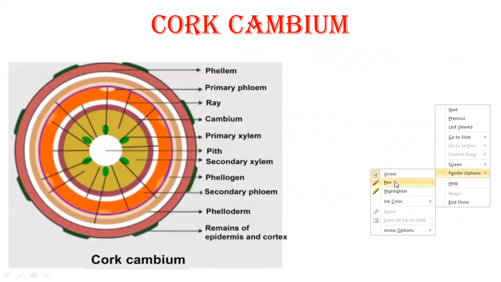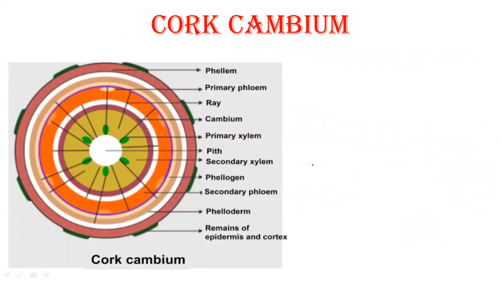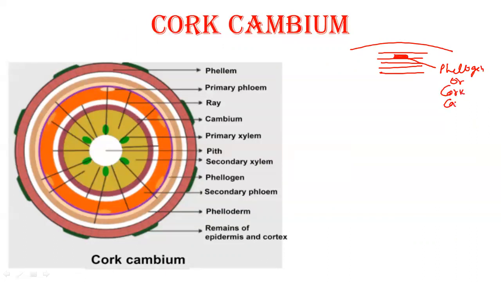Okay, let's talk about cork cambium. In the dicot stem, the girth is increased due to cambial activity, so the outer epidermis and cortex region cells are broken. So the plant needs a new protecting layer. Some of the cortex region cells regenerate and form narrow, thin-walled rectangular tissue, which is called phellogen or cork cambium.